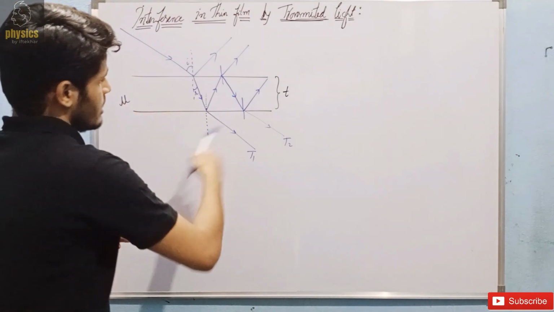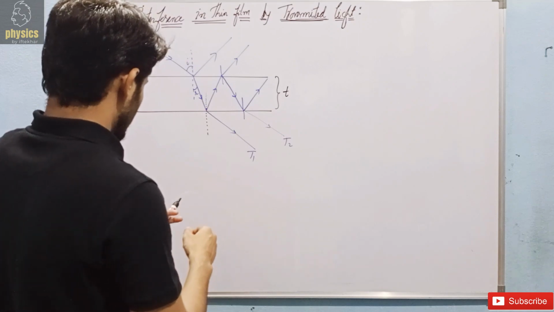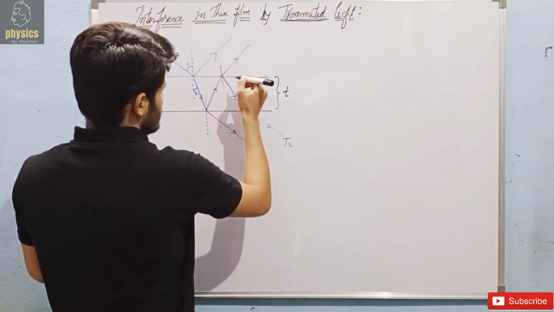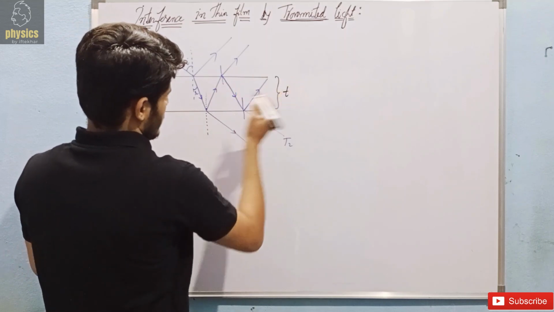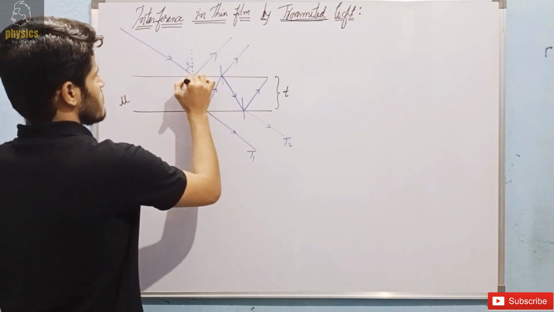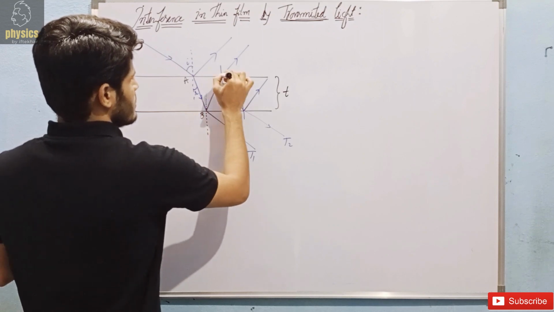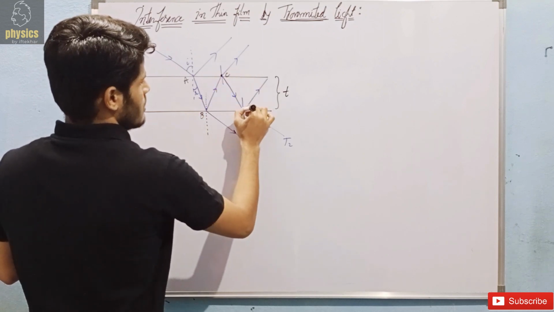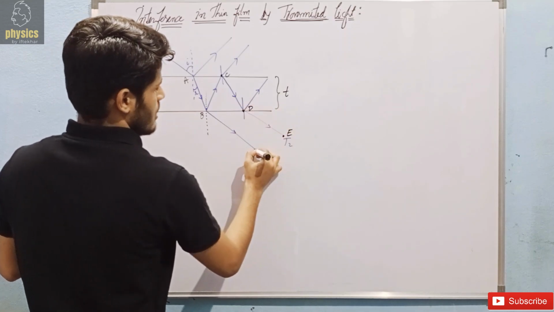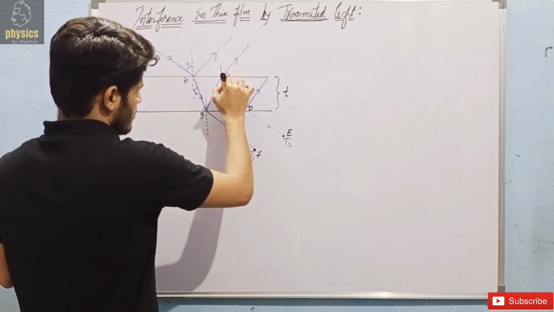Now to find the path difference between these two light rays, I will do some geometrical construction. I'm giving the names: here is my point A, and this point is B. This is C, this is D, this is E, F, and I'm drawing a perpendicular like this.